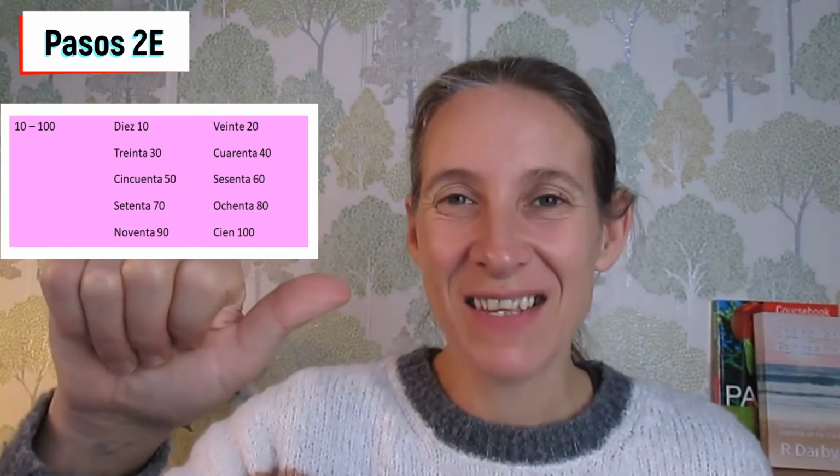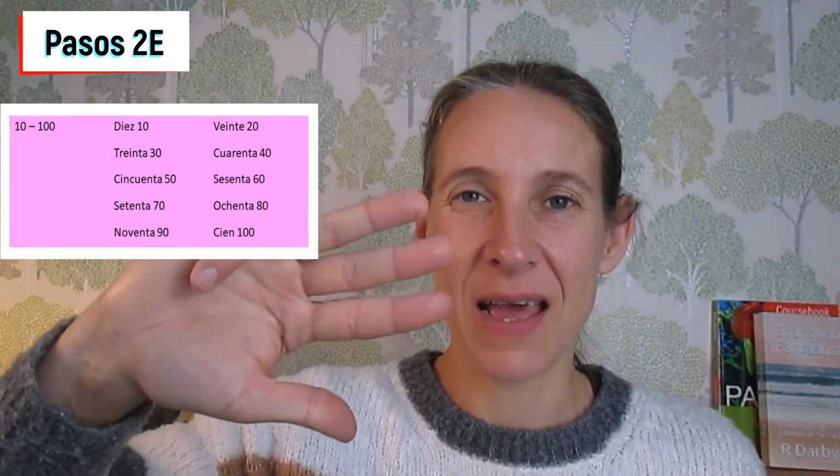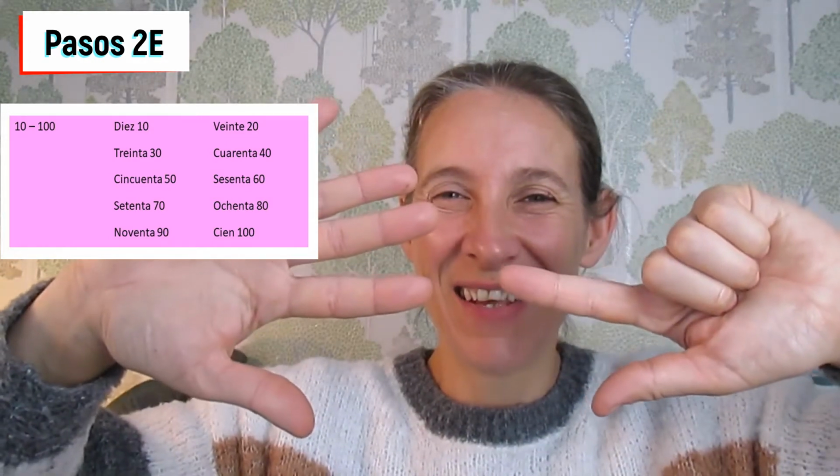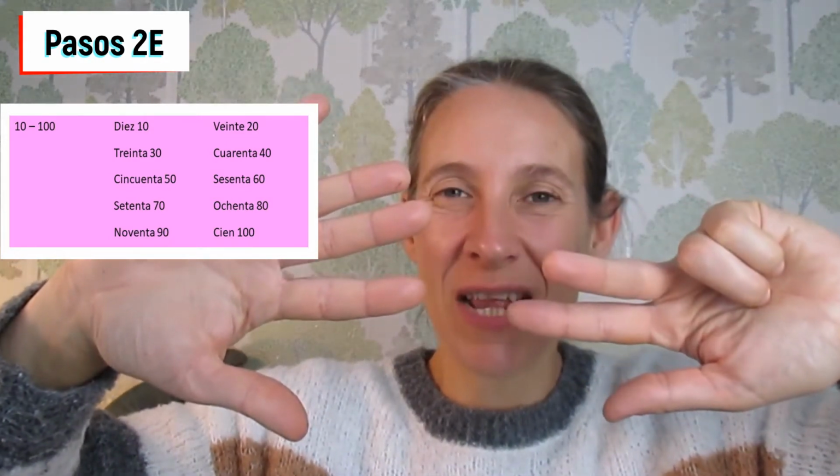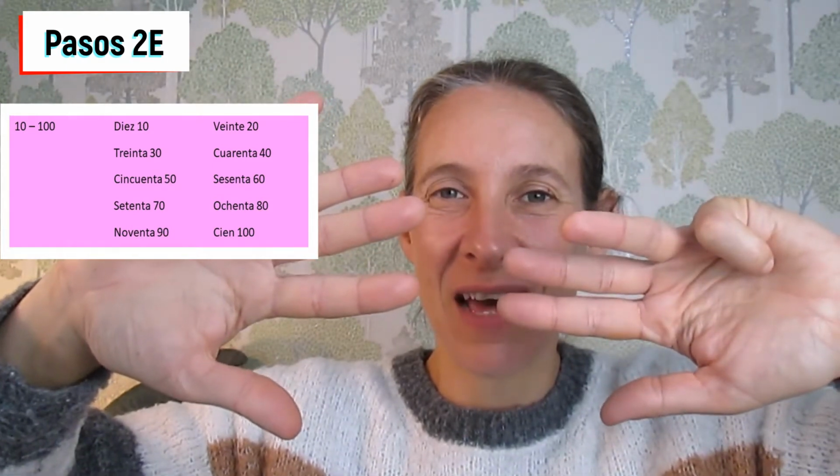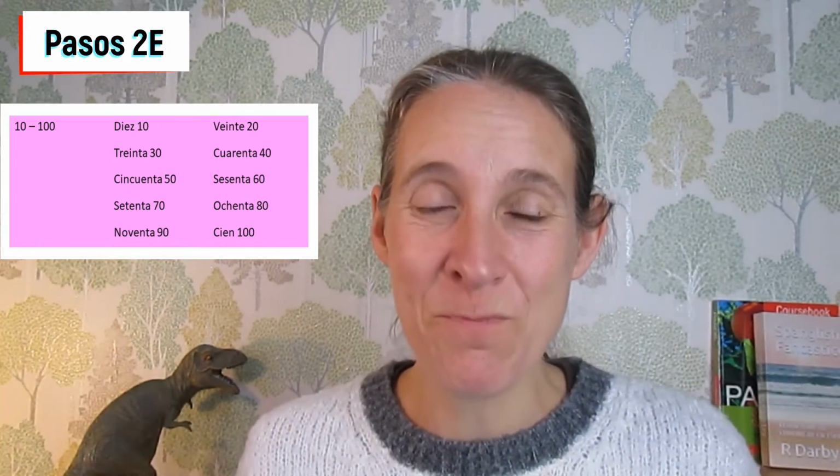So we have, I'll just put one finger up for 10 and 2 for 20, okay? 10, 20, 30, 40, 50, 60, 70, 80, 90, 100. Rewind the video if you want to repeat those numbers with me. You have to learn those.